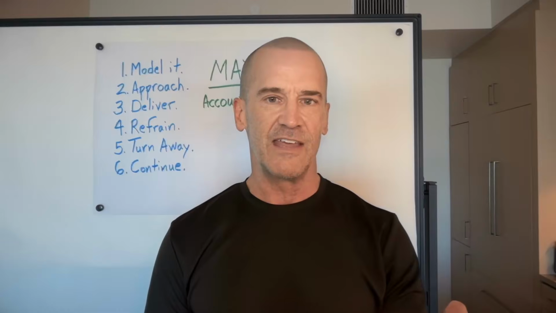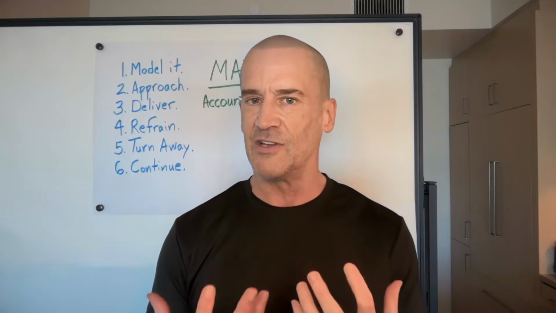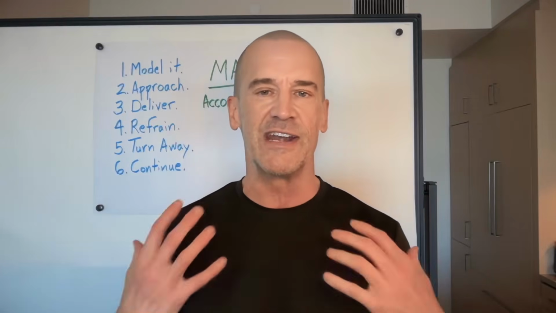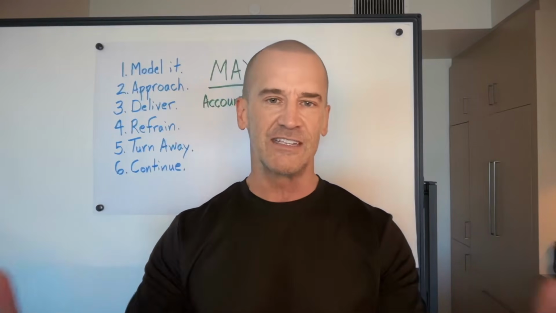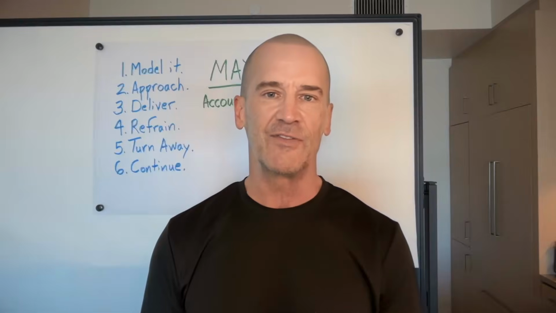And again, we do it in a way that results in maximum accountability and responsibility, whereby students are automatically compelled to reflect on their misbehavior and choose of their own accord not to do it again. So this is the goal with how we give consequences.